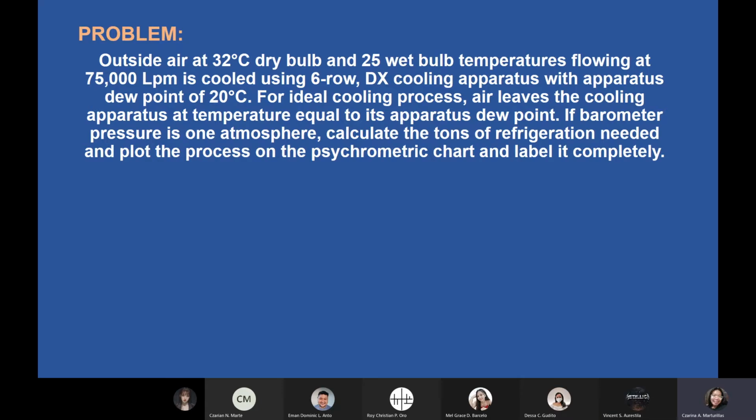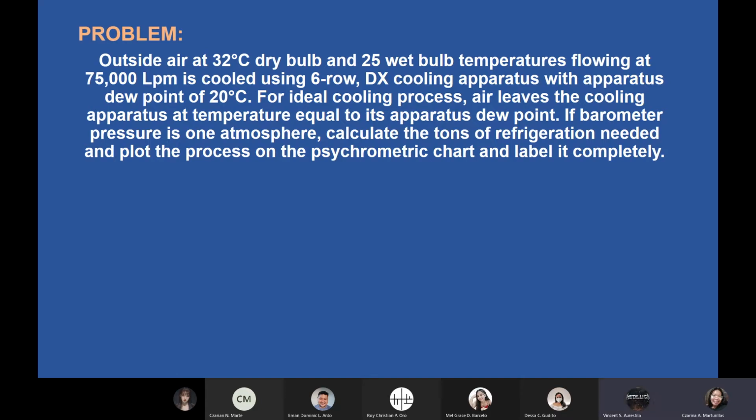So take note of this: the dry bulb temperature at final is equal to the apparatus dew point temperature.